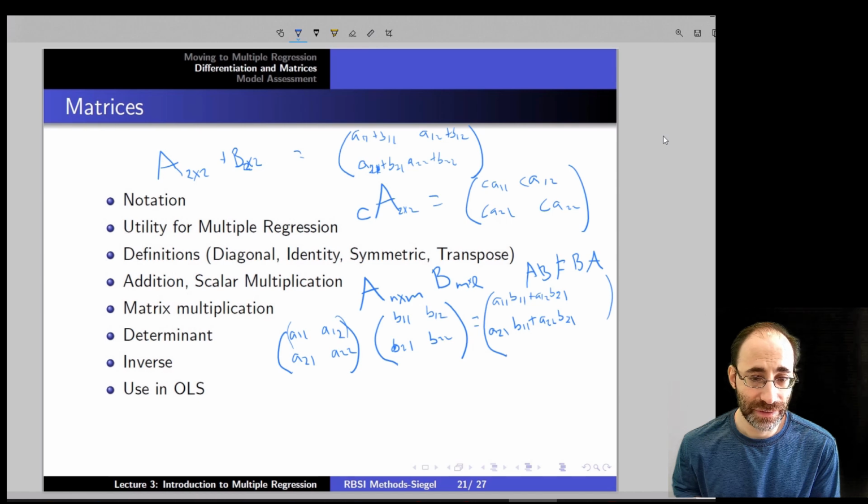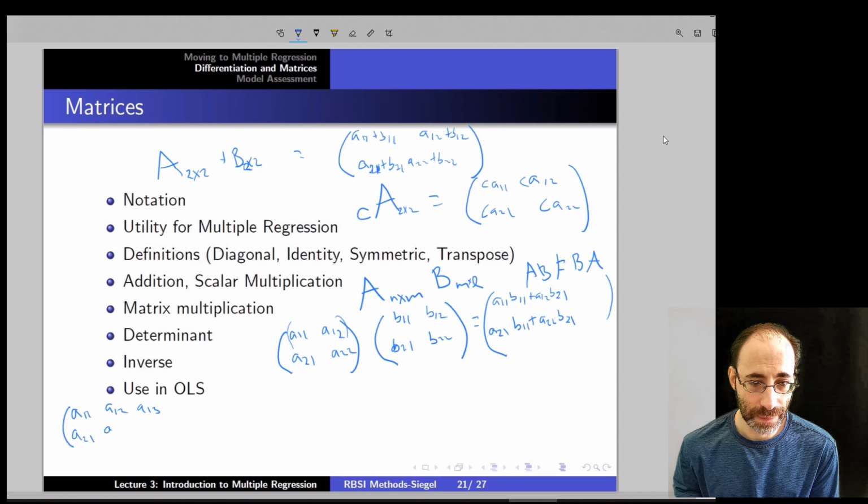So let's say I'll have two rows, but three columns of this one. And then I have to have three columns of this one, and I'll make it two rows so I don't have to do too much actual stuff.